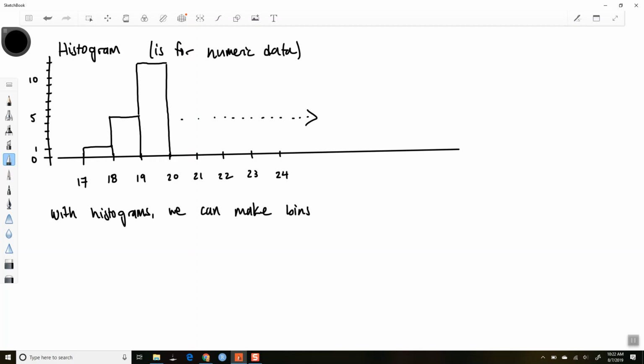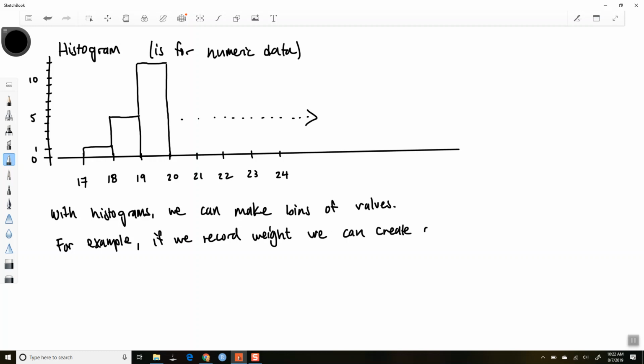We can make bins of values. For example, if we record weight, we can create a bin or range.